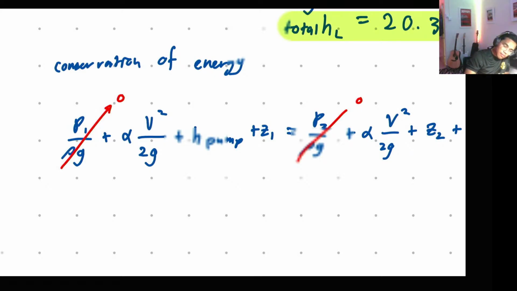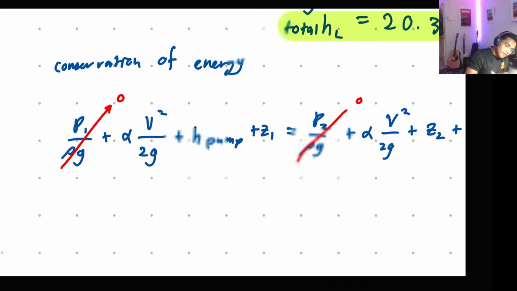The minus Z1 is another thing, 5 meter. Almost there. Plus HL. Berapa tadi? 20.32 meter. Dapatlah 25.32 meter. Betul? Betul. H pump.